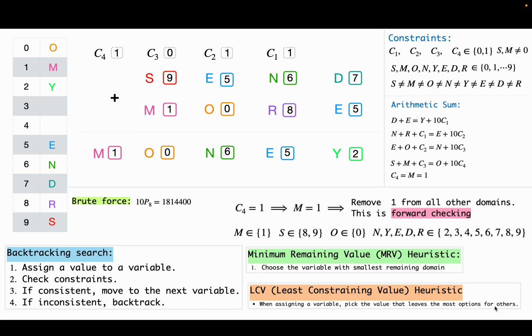When you assign a value to a particular variable, it should allow possible values for other variables also. So that is the heuristic we use here. These heuristics will allow us to obtain the solution to this problem in a more efficient way.